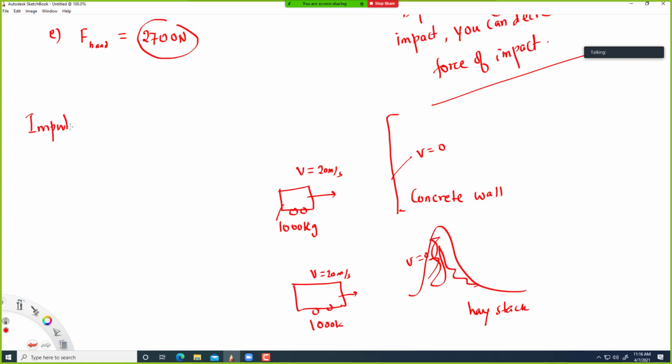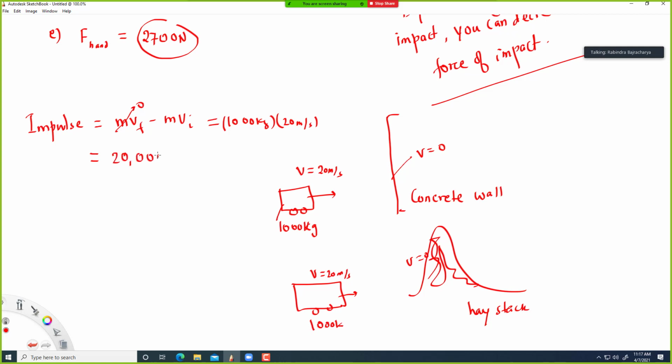And how much impulse do we need to stop the car? Impulse is given by final momentum minus initial momentum. Final momentum would be 0 because the car stops eventually. So mass is 1000 kilograms, and speed is 20 meters per second. So the impulse needed to stop the car is 20,000.